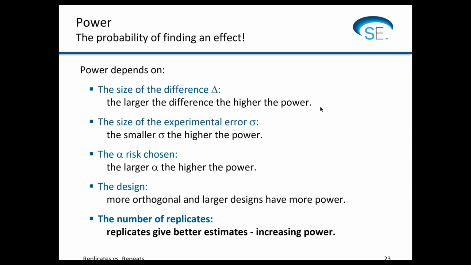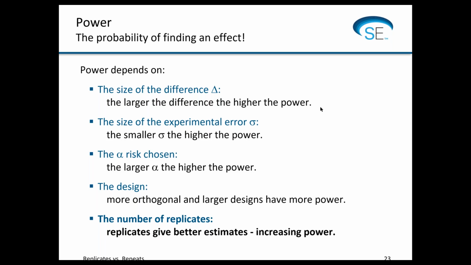Remember, the alpha and the beta are like a teeter-totter. If you try to make one really small, the other one goes up. So you could use a larger alpha and increase the power. Instead of 5%, you say I'm going to use 10%.